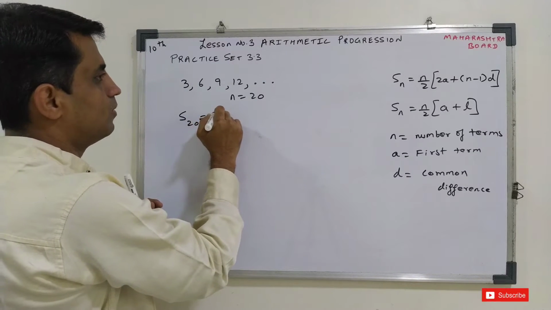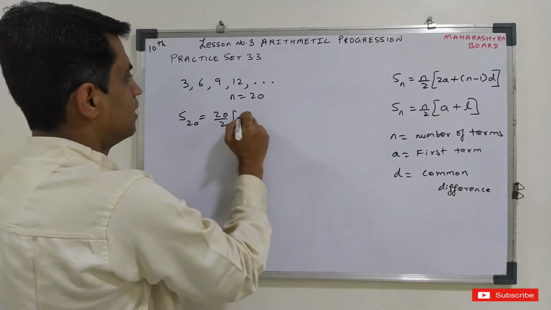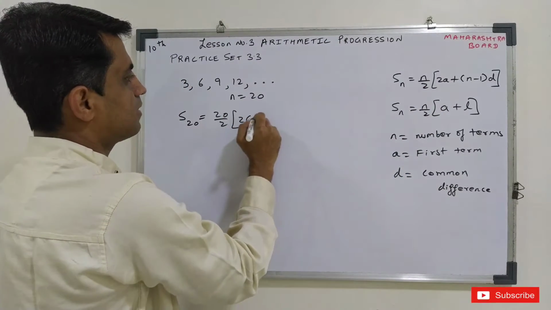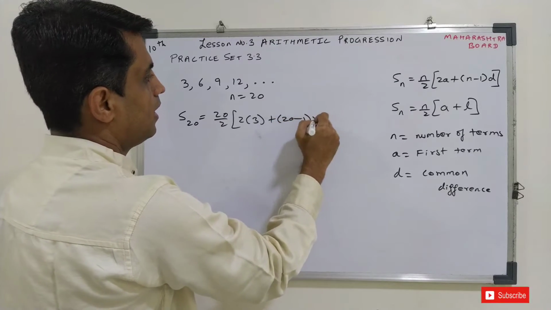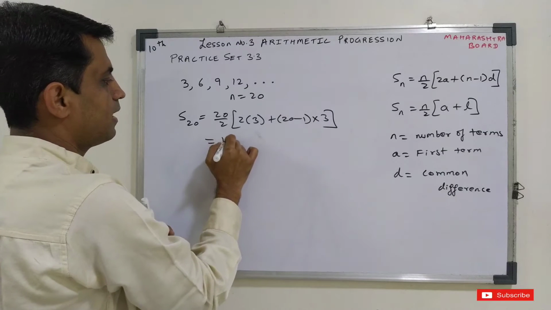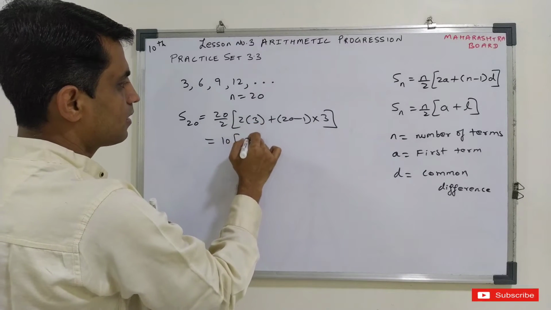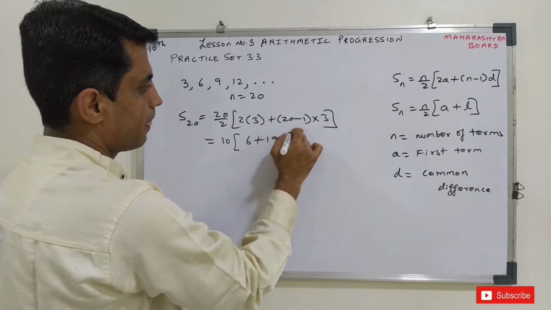So what we do, we use this formula. S20 is equal to, what we write, 20 upon 2. We are substituting in this: 2 into a, what is our a? 3. Plus what is our n? 20 minus 1. Into d, what is our d? 3. So what we will get here? 10 into (3 twos are 6, plus 19 into 3).